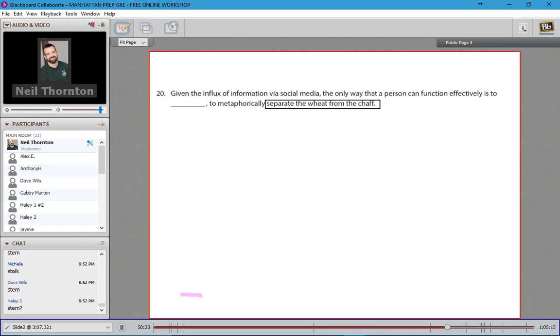Okay, cool. So, metaphorically speaking, when you have an influx of social media, what are you doing when you separate the wheat from the chaff? You're categorizing. You're turning on filters. In your brain, you're deciding what to take away, and what else?